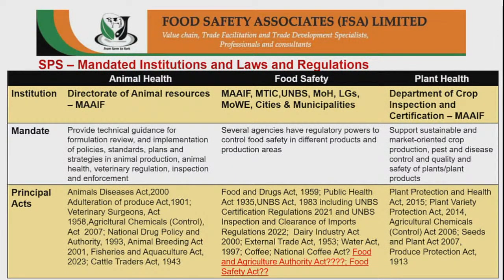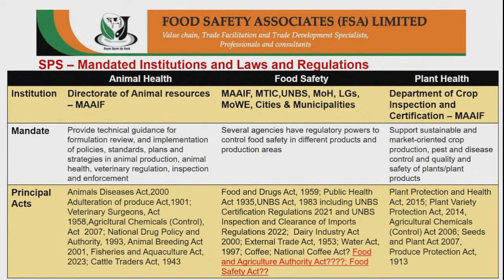Regarding the institutions responsible, I am not going to go through all of them, but as you know, we have the Directorate of Animal Resources where Dr. Kuyo works. Their mandate is to provide guidance, formulating and reviewing all laws, rules, and regulations related to animal health.